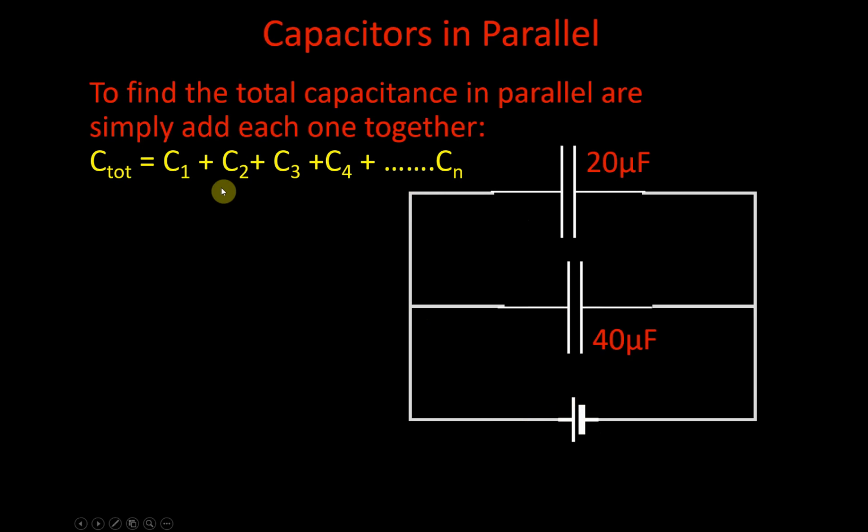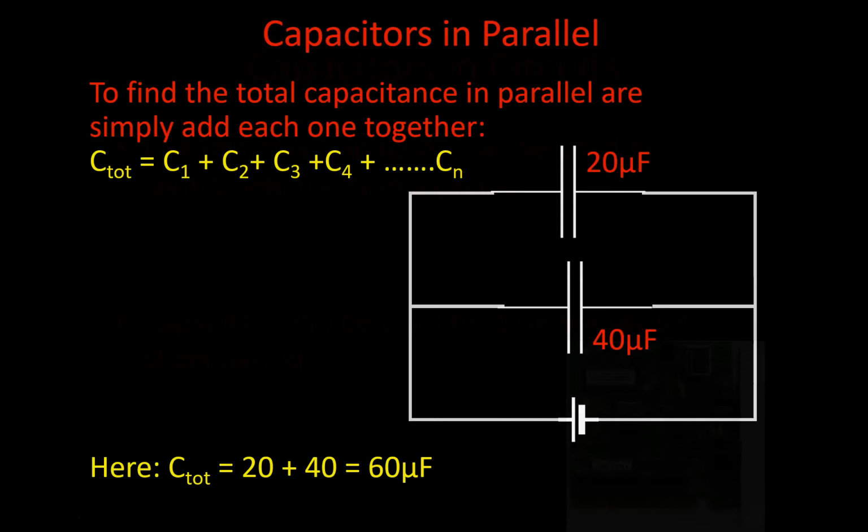But if we look at a parallel system, essentially the total capacitance of this whole circuit is now a little simpler, but not much, the addition of the 40 and the 20 microfarad capacitor. So here, C total is simply 20 plus 40, which will give us 60 microfarads, or 60 times 10 to the minus 6 farads for the whole capacitance.